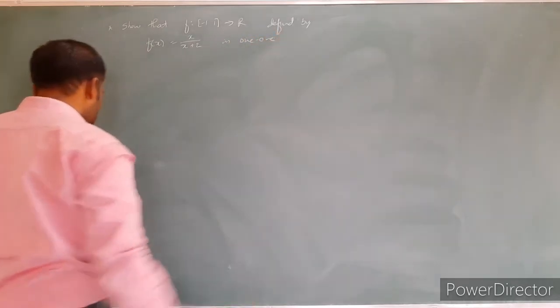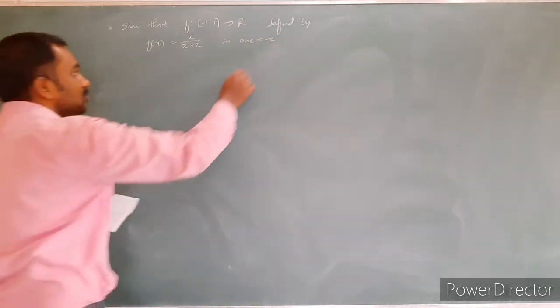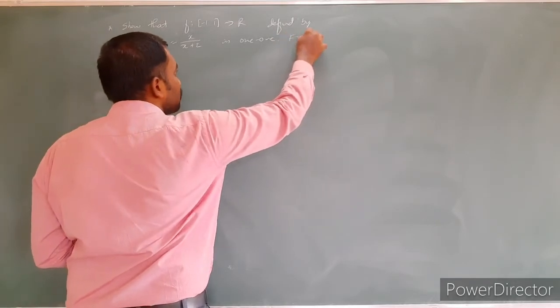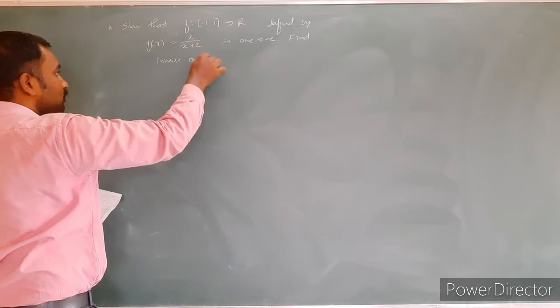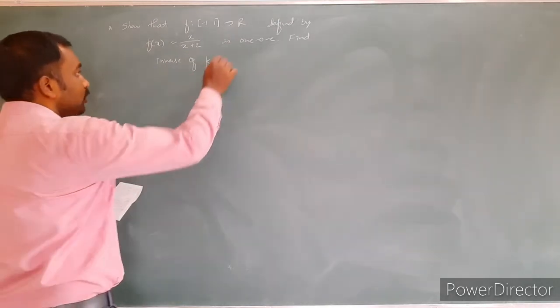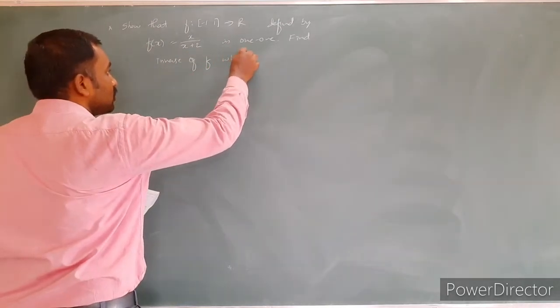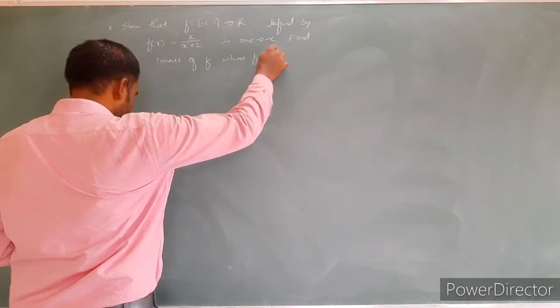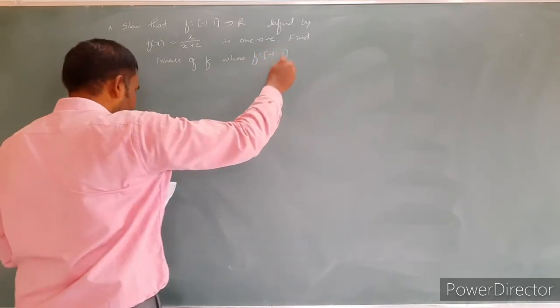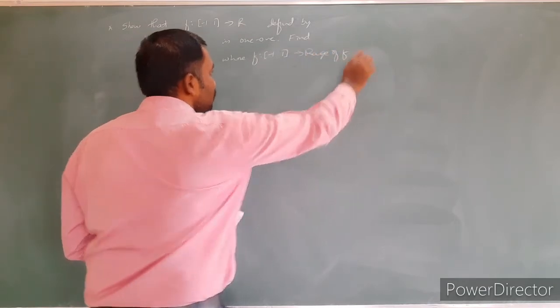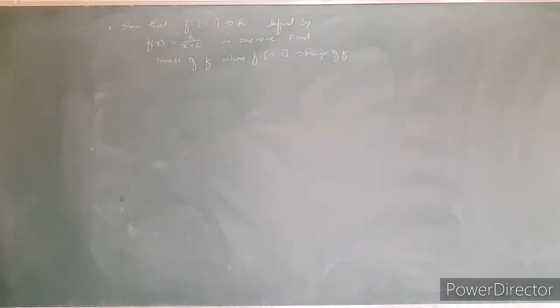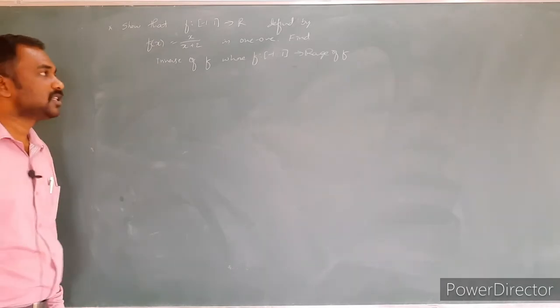Show that it is 1-1. Find the inverse of the function f, where f is from minus 1 comma 1 to the range of f.